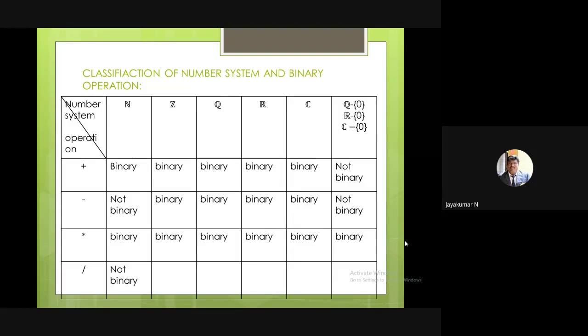Why? The same thing. Because Z is the set of all positive integers, negative integers, and 0. If you choose two numbers, 2 and 3, and divide them, 2 by 3 does not belong to Z. So it's not binary. Good.